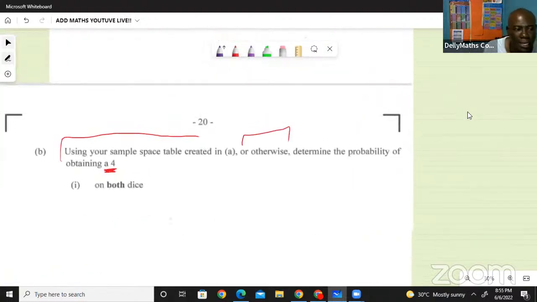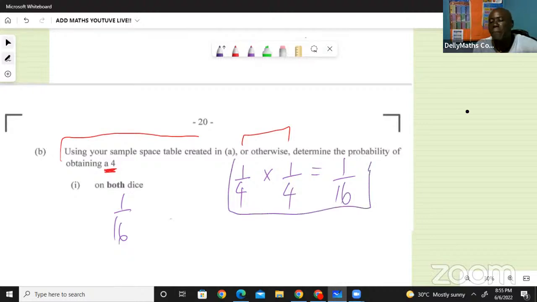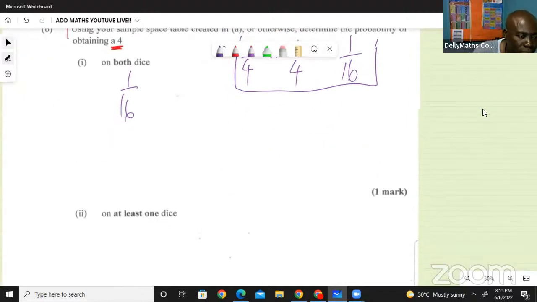So this answer is definitely 1/16. I could have worked it another way. I could have said a 4 on one die is 1/4, and I multiply by a 4 on the other die, that's another 1/4, and we get 1/16. But as I said, if you have your sample space, you don't have to employ any working out. Just go and look. Let's look at the next question.